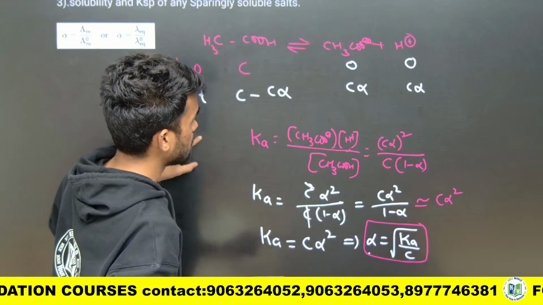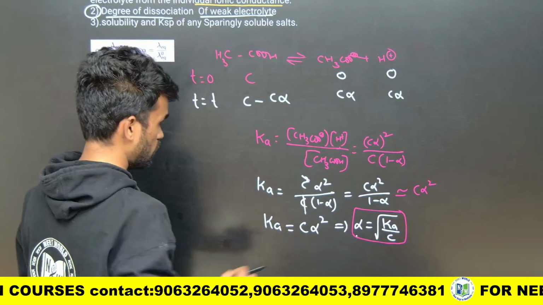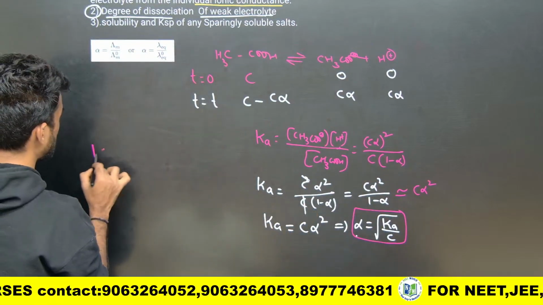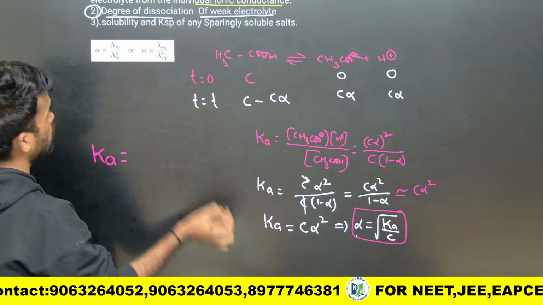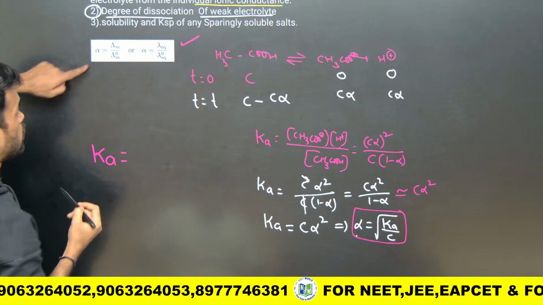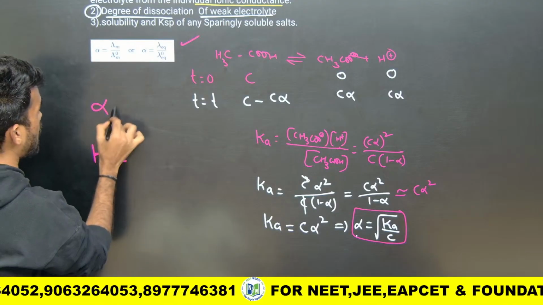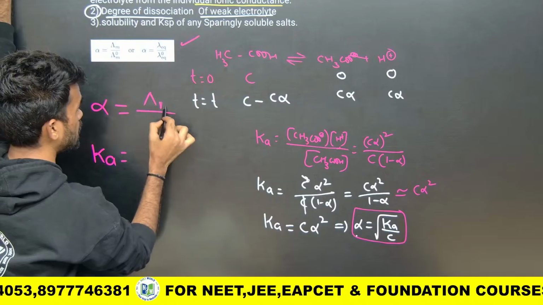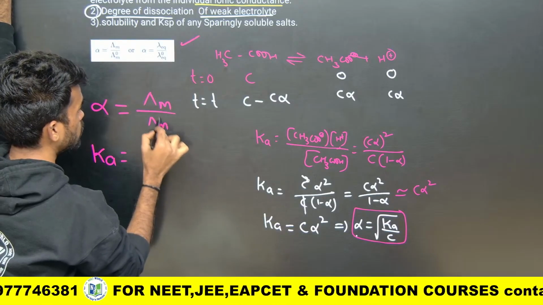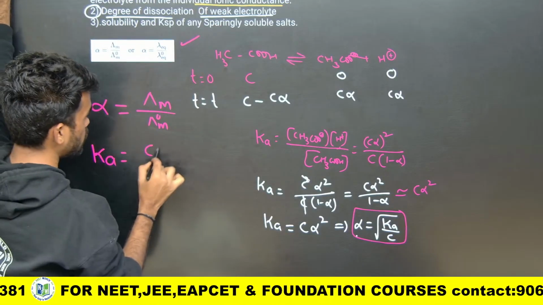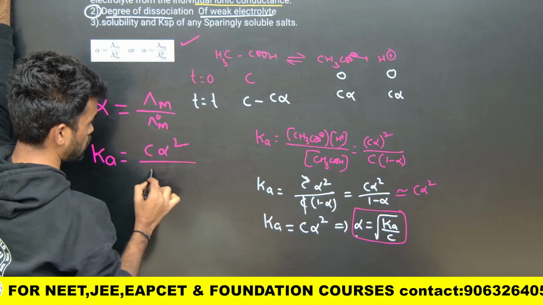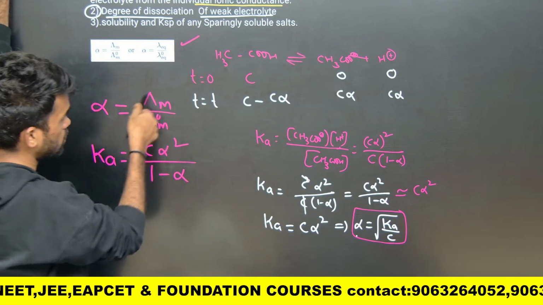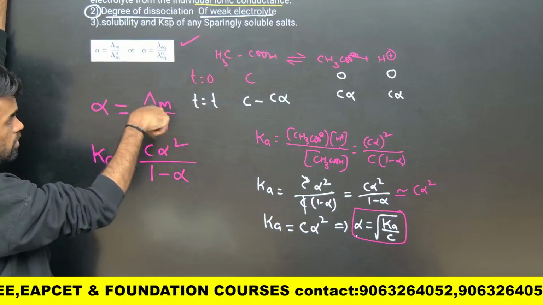From this, if I want to calculate Ka, I told you at the beginning how you can calculate alpha using limiting molar conductivity. It is the ratio of lambda m to lambda m naught. So wherever you have alpha, you have to substitute it.